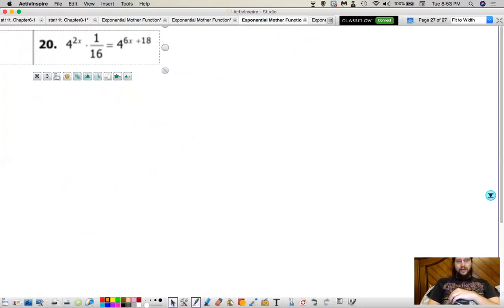All right, so again, we have options. I know I can write 4 as 2 squared, and I can write 16 as 2 to the 4th. But it's easier if I just write 16 as 4 squared. 4 to the 2x times 4 to the negative 2. It's reciprocated, and it's 4 squared. So it's 4 squared reciprocated, that's 4 to the negative 2.